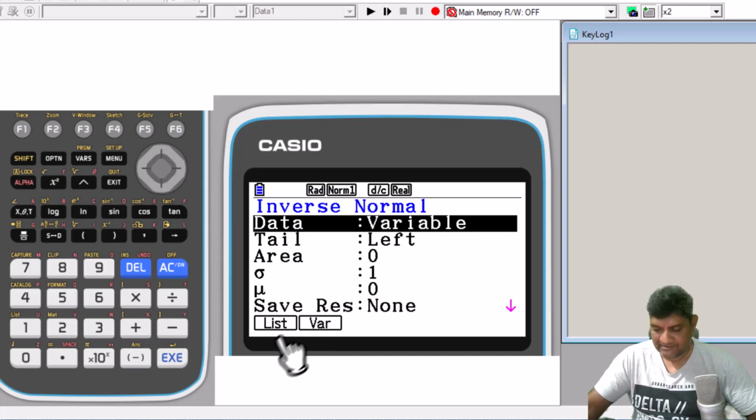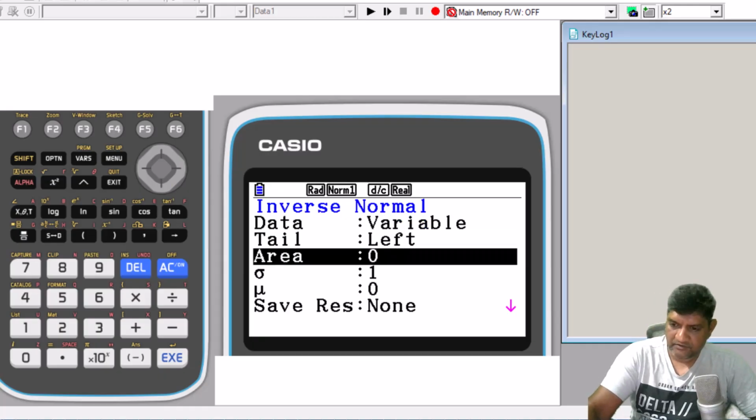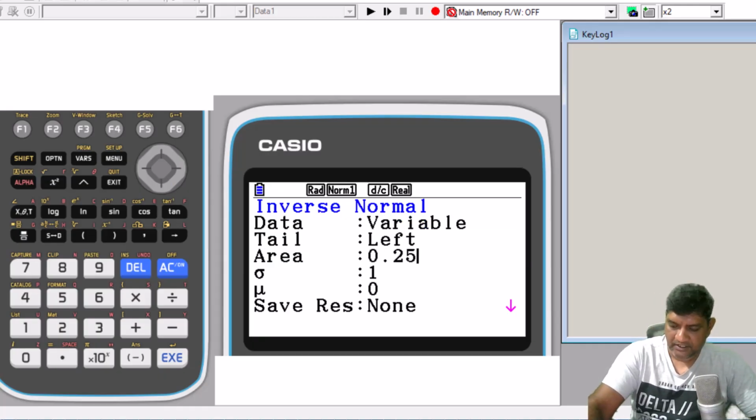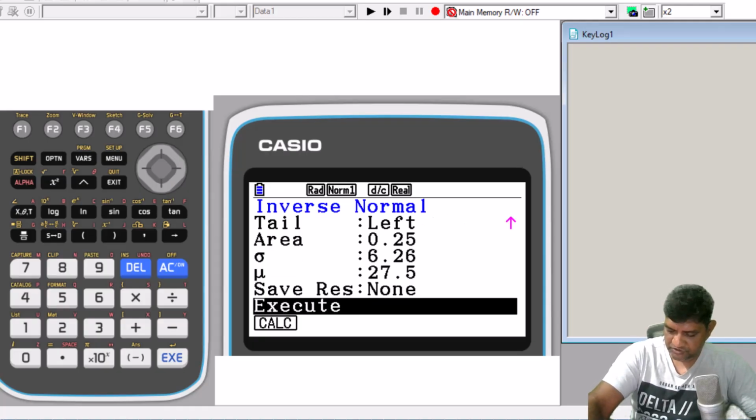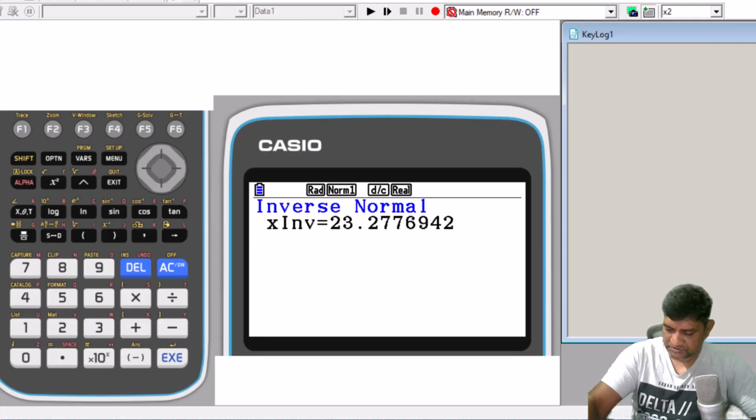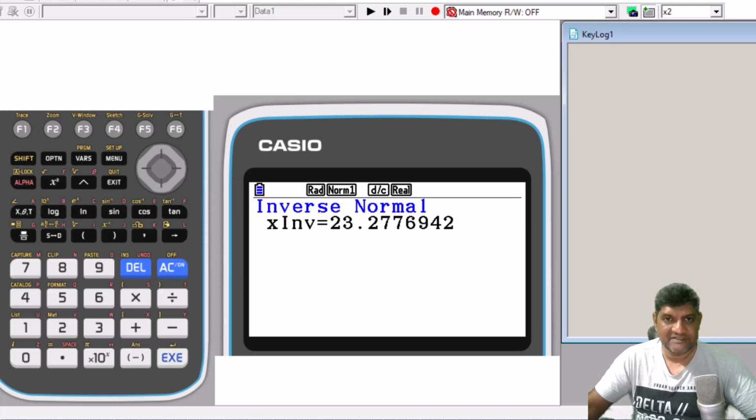It's not the list, and it's going to be a left tail test because we are looking for the area below the quartile 1. So here we can enter the area. So that's 0.25, and the standard deviation. That should be it. We'll click on execute, and we get the inverse normal of 23.27, which is the same value I get on TI also.